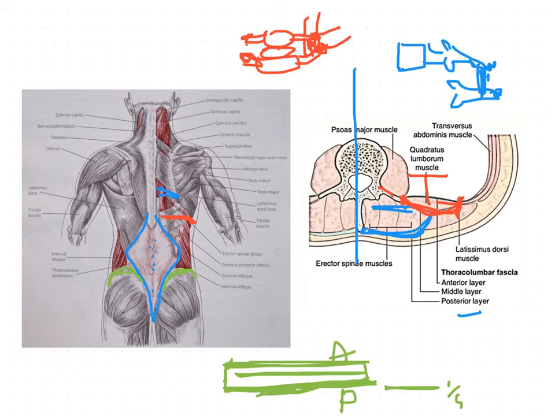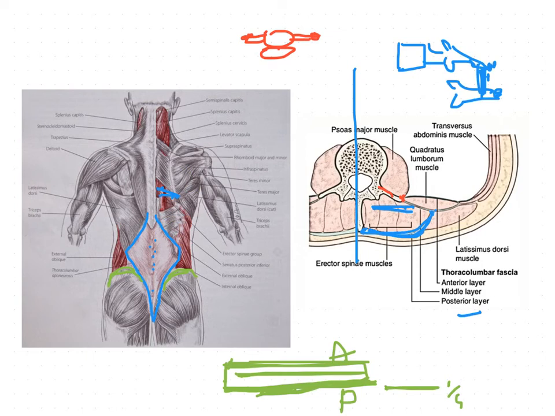Out of these 3 layers, the anterior layer is the thinnest and the posterior layer is the thickest, and the posterior layer extends upwards towards the back as well as the neck, whereas these two layers are limited to the lumbar region.